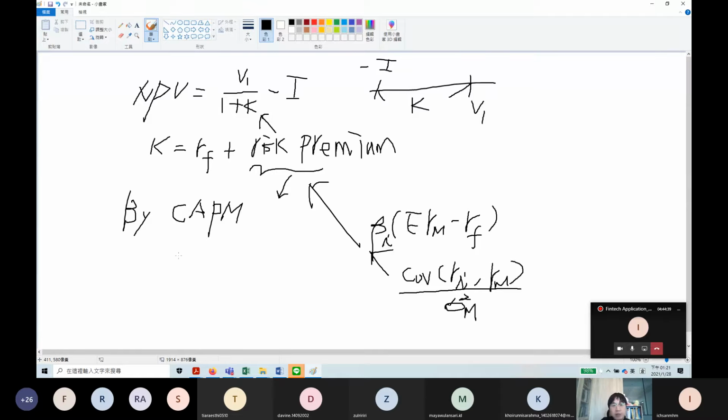If we can use CAPM to get K, the required rate of return by investors, we can get the present value. So this is one way of calculating the appropriate discount rate.